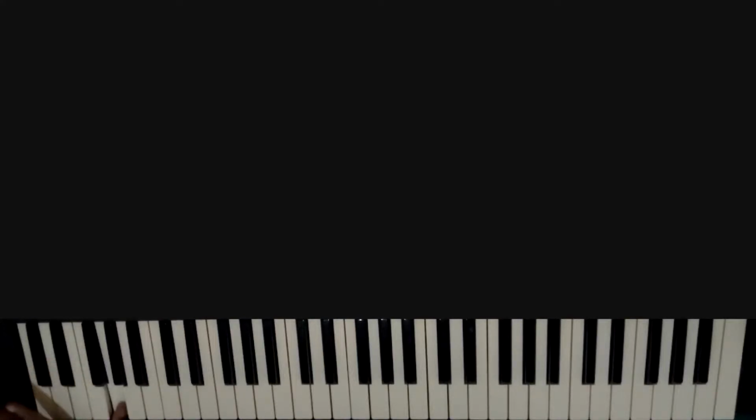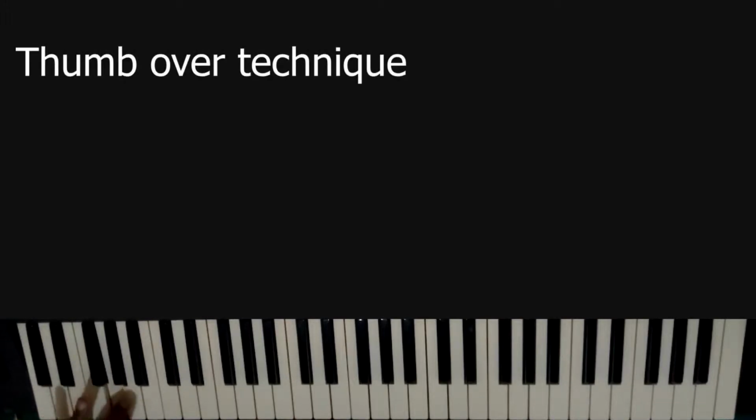So the thumb is used to cross over. So I cross over my 3rd finger to finish it. Going down, I'll do 1. But if I don't use my fingers wisely, I'll only reach up to the F. So I have to cross over again.